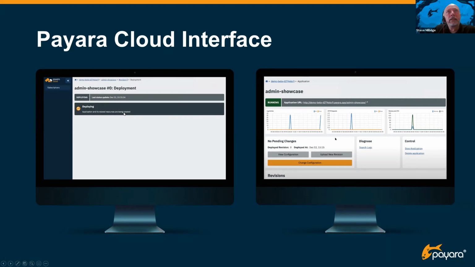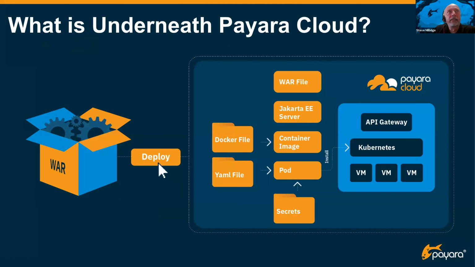So what's happening underneath? This will give you an idea. What we're doing underneath in Payara Cloud is building all that infrastructure, those deployment models that you can build up yourself. As I mentioned, the Payara platform is cloud native. It will operate in cloud environments. So you would take your WAR file, you'd hit deploy, and what Payara Cloud does is all that tedious infrastructure configuration that you need to do to get something running.